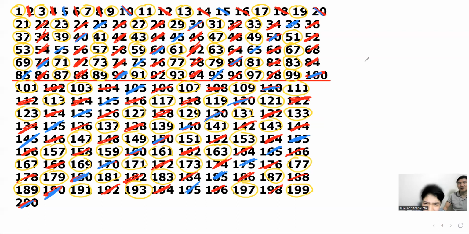Indeed, there are 40 co-prime numbers to 100, which are also co-prime to 200.